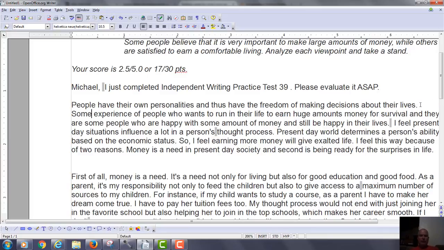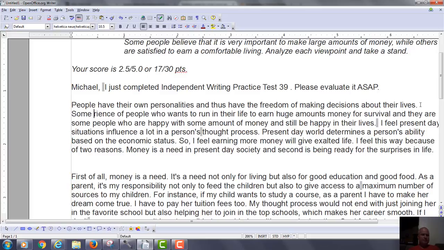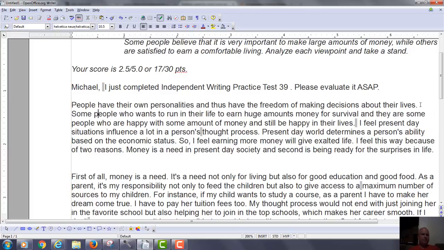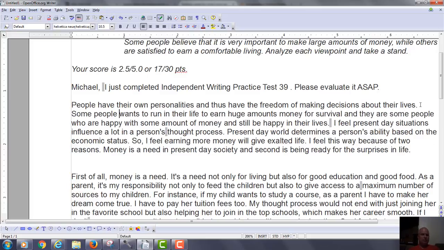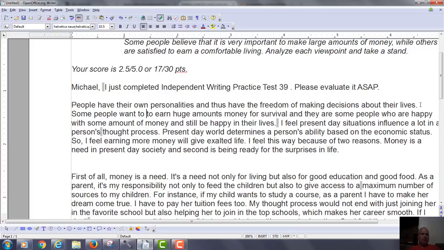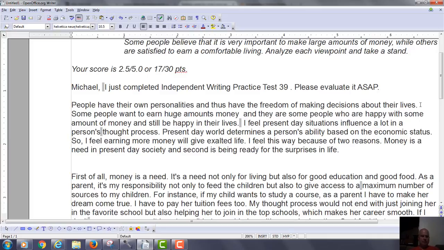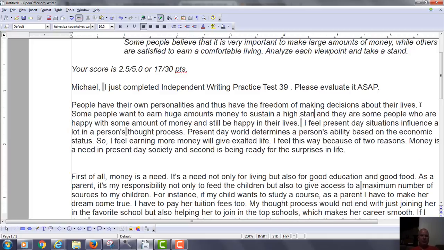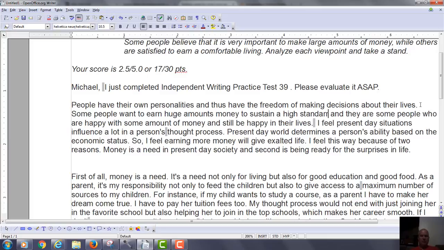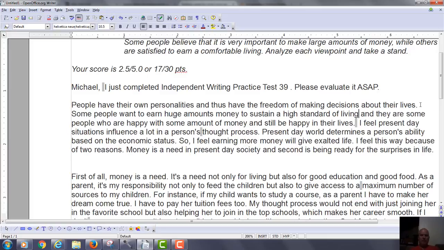So we'll say some people want to run, you might say want to earn huge amounts of money, how about this, a high standard of living.